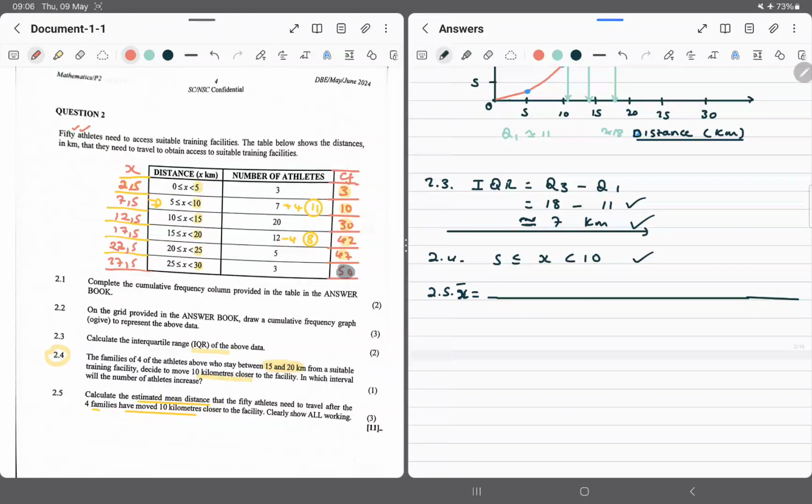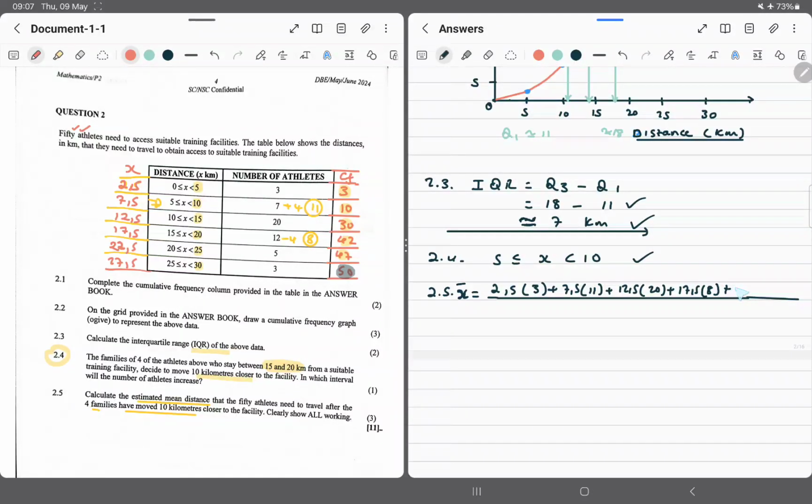Okay, so let's go. Now what we're going to do, we take the first one, 2,5, and then we multiply by the frequency. And then we add the next one, which is 7,5. We multiply by the frequency. Now the frequency is 11. Then we add 12,5 and then we multiply the corresponding frequency. Then we add 17,5 and then we multiply by its corresponding frequency, which is now 8.